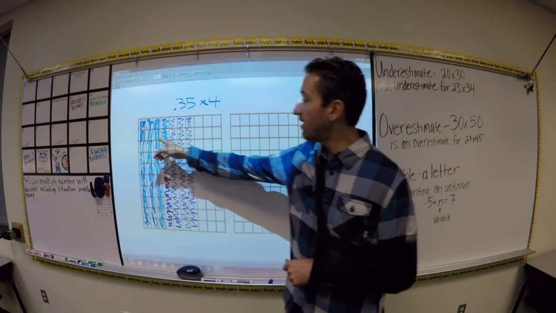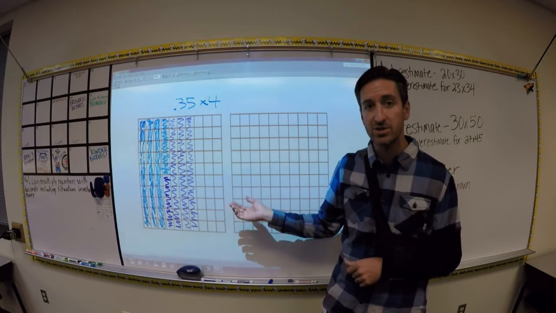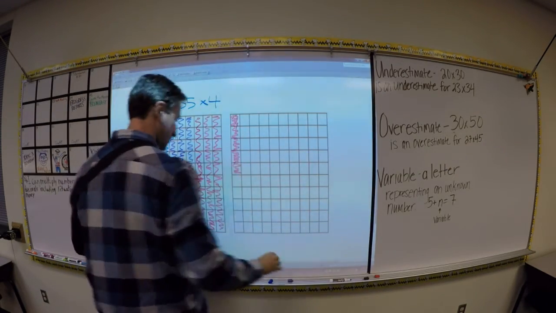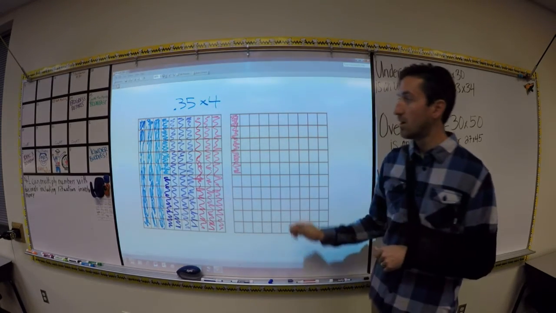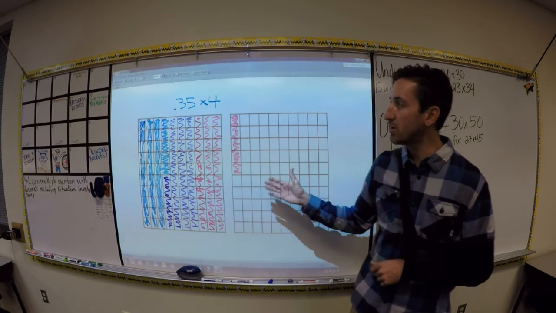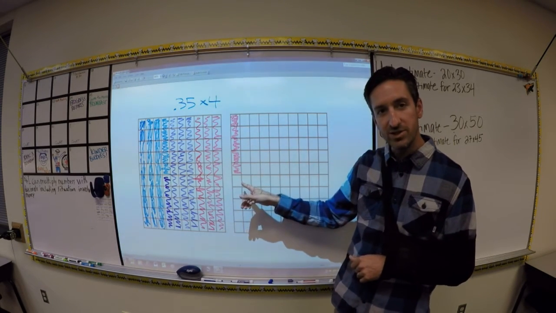So now I have a total of 7/10 shaded. So we know 35 hundredths times 2. Okay, I've shaded 35 hundredths with my red marker. So I know that 35 hundredths times 3 is 1 and 5 hundredths.